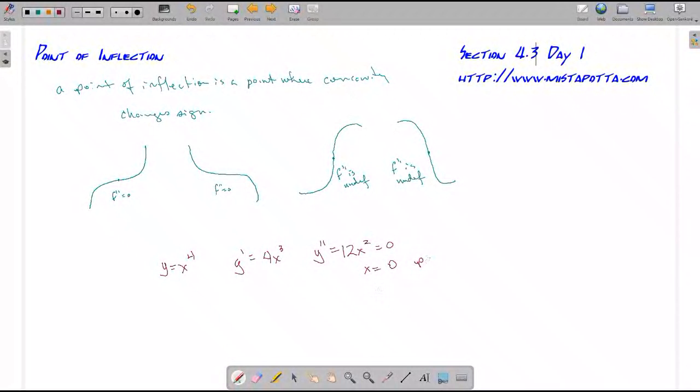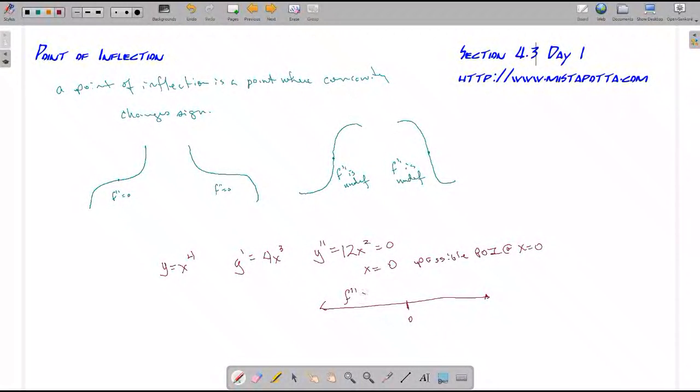So this is a possible point of inflection at x equals 0. But if I actually take a look at my concavity on this interval, for values of x that are less than 0, this is positive.